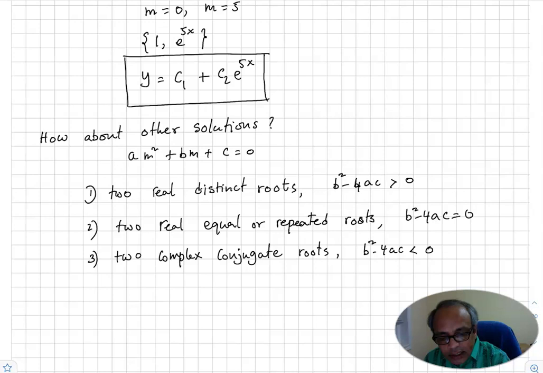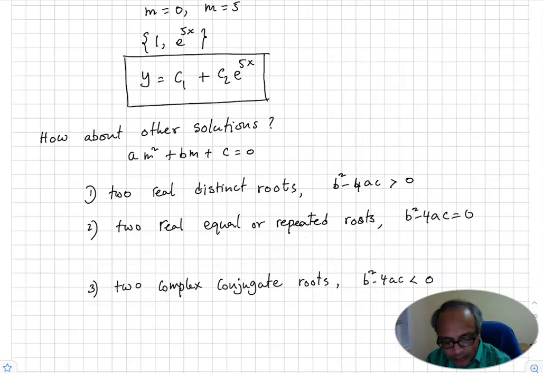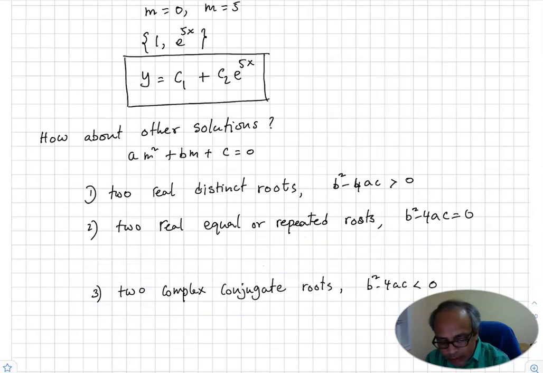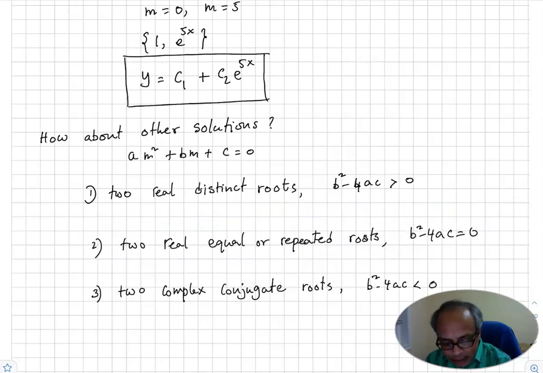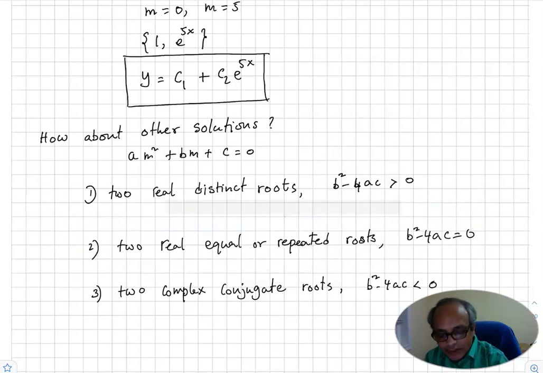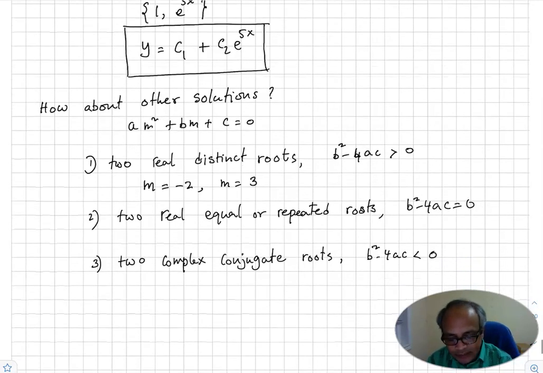Maybe it's a good idea to indicate with an example what we mean by a distinct root. An example of distinct roots would be something similar, say m equals minus 2, m equals 3, depending on what values of a, b and c.